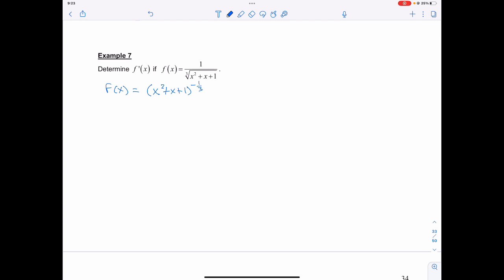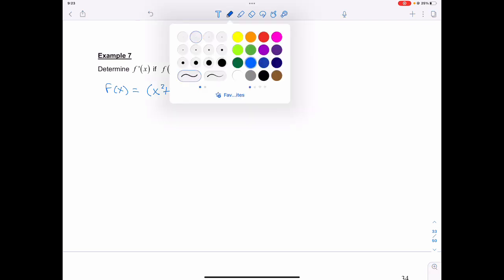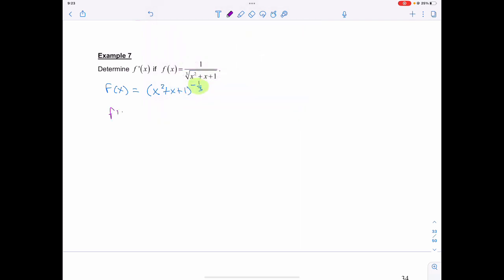Now I have the outer and the inner. The outer is just using the power rule with this negative 1/3, which means that for the outer part, for f prime of x, I'm just going to use that negative 1/3, and I'm going to say that I have negative 1/3. What's inside the brackets doesn't change because it's still the base, so x squared plus x plus 1.